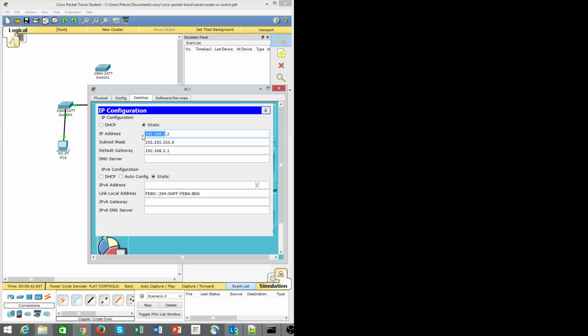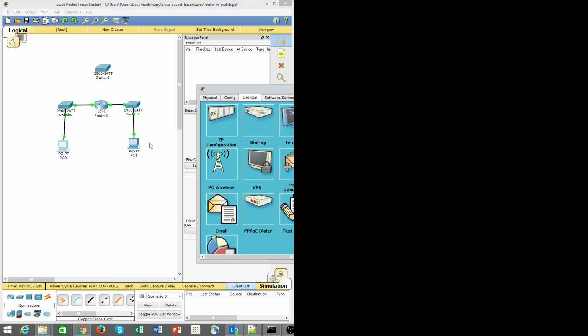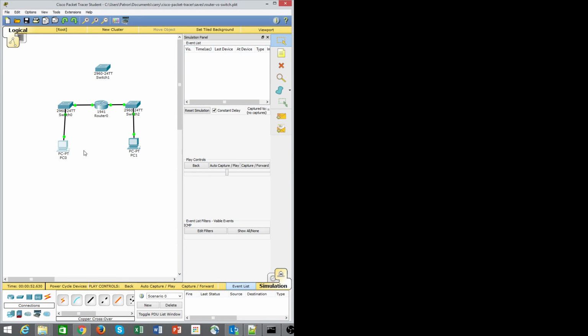So this is a different neighborhood, and by my choice of words, you can tell that a router is a boundary that connects different networks, or different neighborhoods, together. So if I want to send a message from PC0 to PC1, I have to go to the router. So let's see that at work.